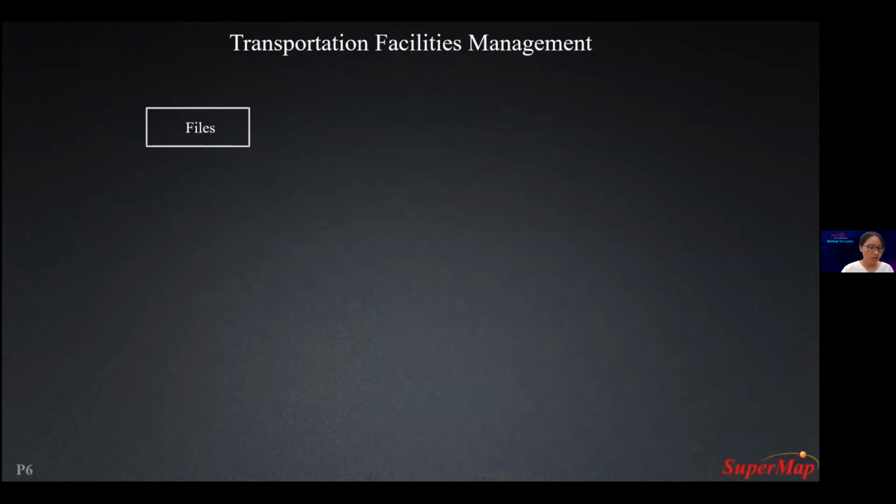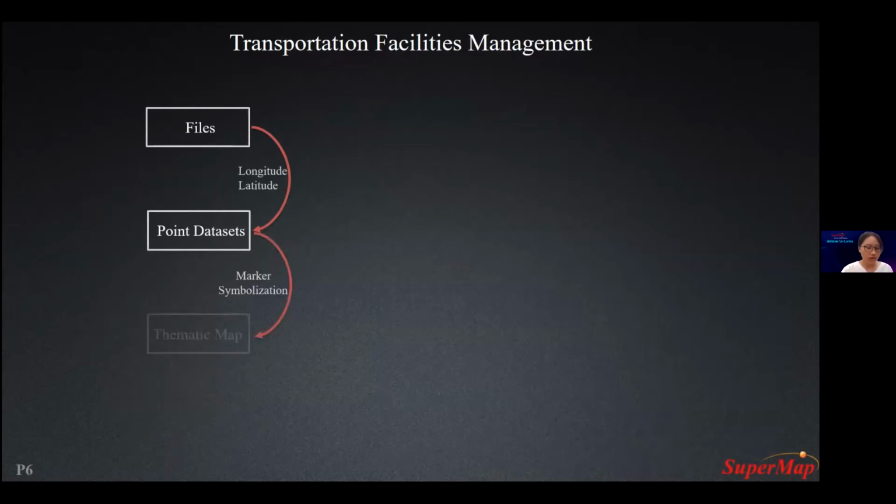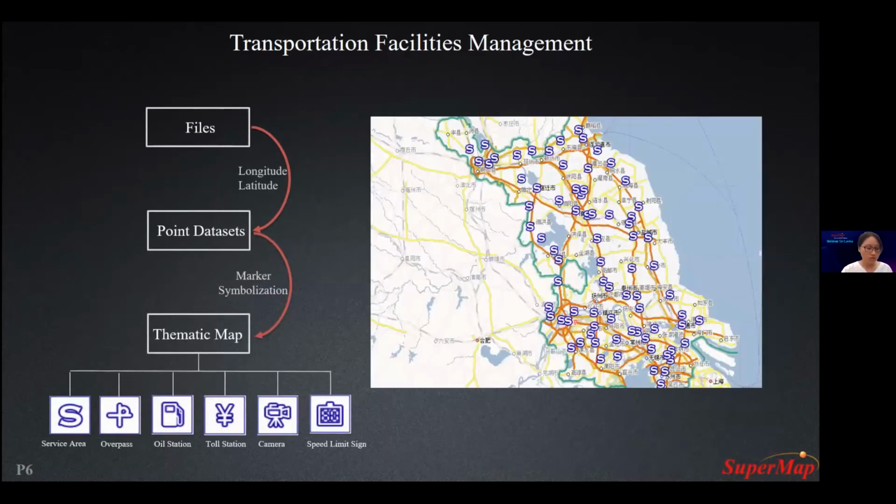Besides, facilities information is usually saved in the form of documents. GIS can realize visual management of facilities after symbolization and associate the attributes with the spatial information of facilities. So users can easily query the information of various facilities on the map and clearly understand their spatial distribution.